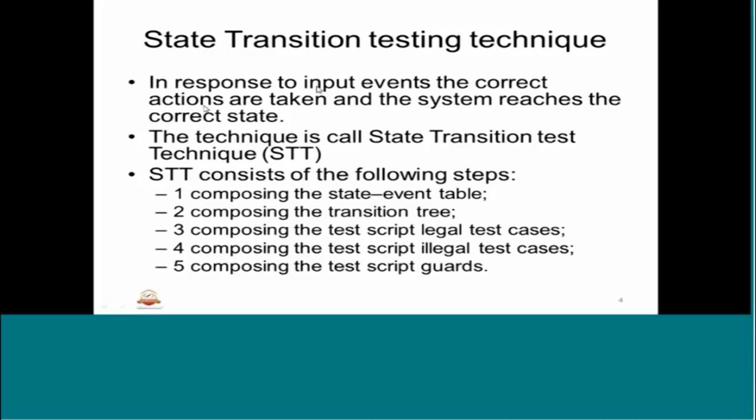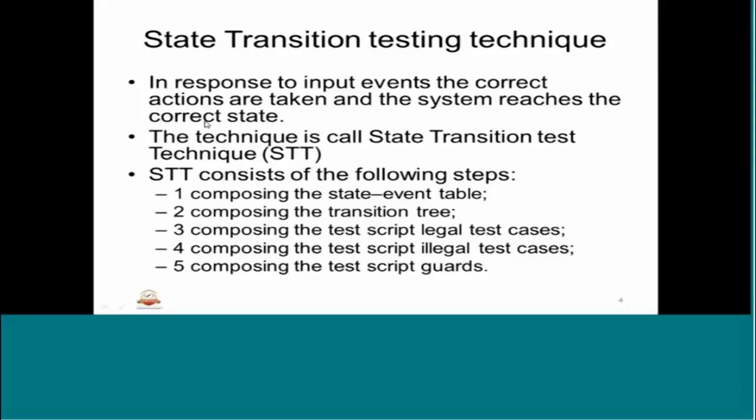In response to input events, the correct actions are taken and the system reaches the correct state. That is what we need to ensure. That means in our testing we should provide sufficient inputs so that the correct actions are taken for those inputs, and the system is expected to reach the correct state.